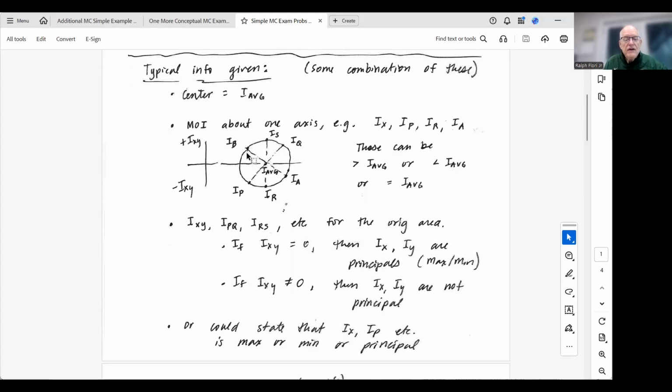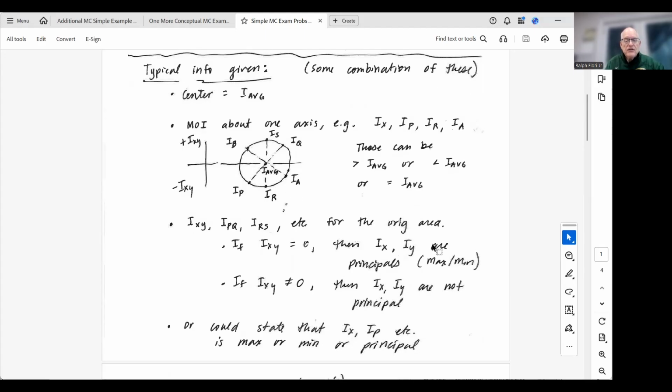It might give you the product of inertia for the original area. And so IXY, IPQ, IRS. And the product of inertia can be zero. If that's true, then the original set of axes that you were given, the IPQ or RS, are principal.